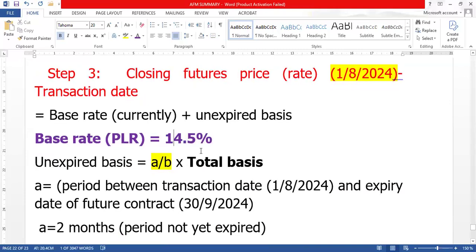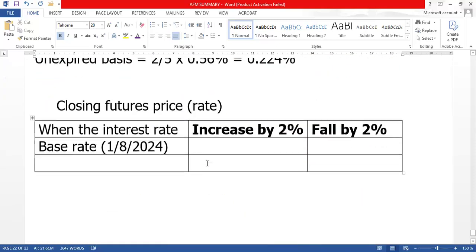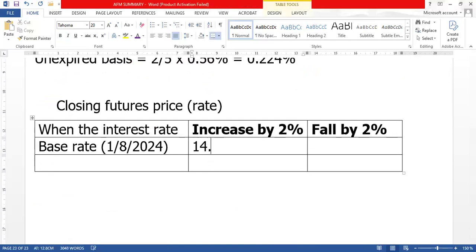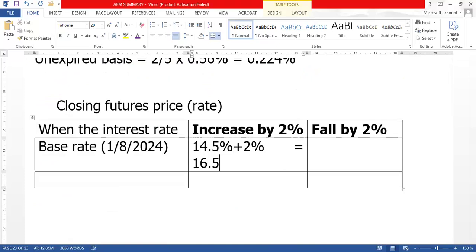That is currently, but we need the one as at this date. We get 14.5. Then plus, because this one is going to increase by 2, plus this. What do you get? This will be 16.5.